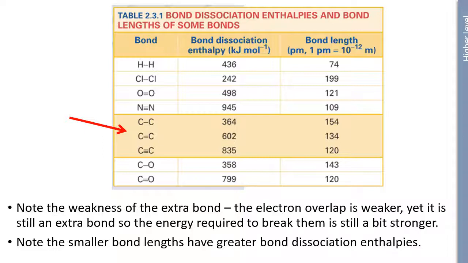Not quite the same as just one sigma bond. This is because the electron overlap is weaker, yet it is still an extra bond, so it still requires energy to break. Again, if you go from 602 to 835, it's about 235, not quite the same size as a carbon-carbon single bond. Also note the smaller bond lengths, and therefore they also have greater bond dissociation energies.